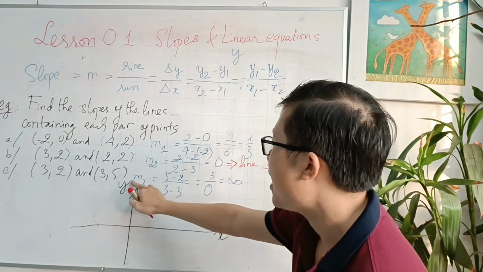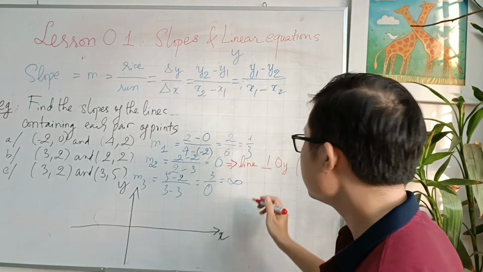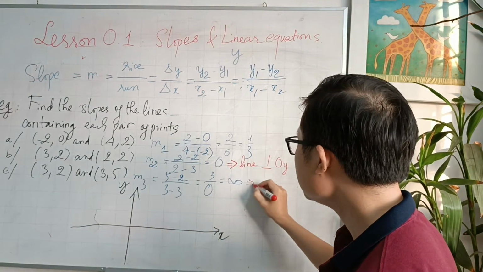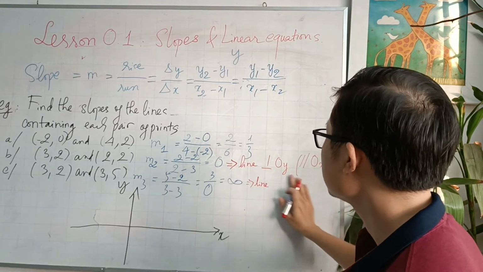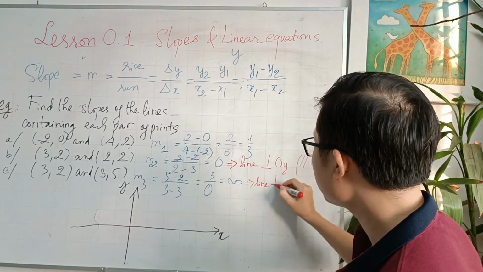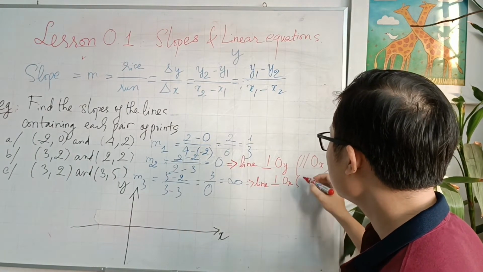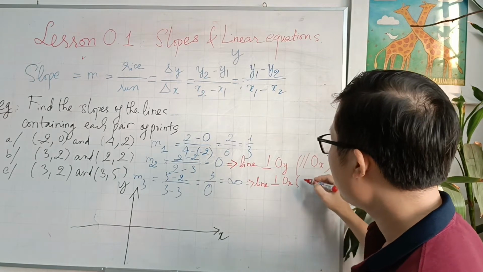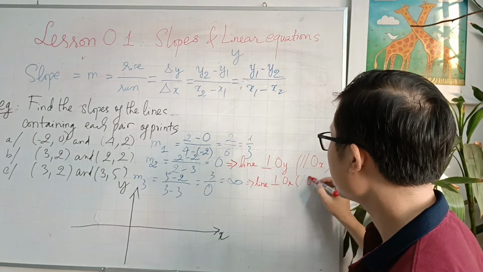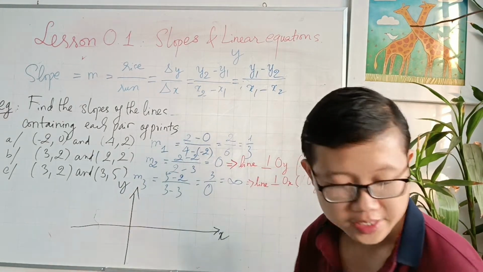And when we have M3 approaching infinity, we have a line in the opposite way, perpendicular to the x-axis and parallel to the y-axis.